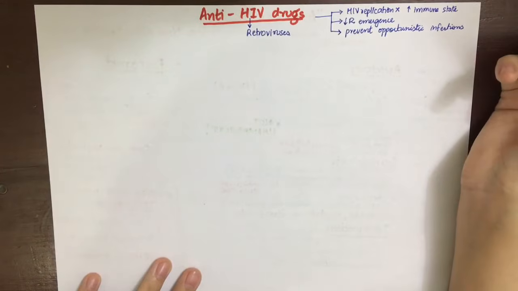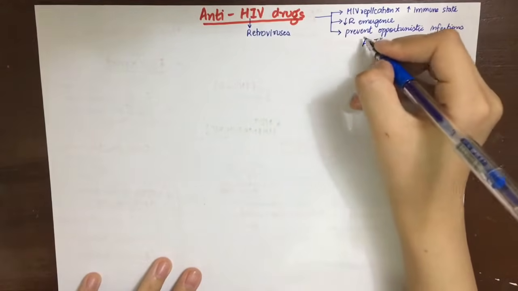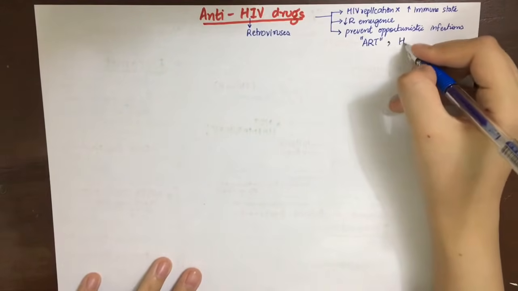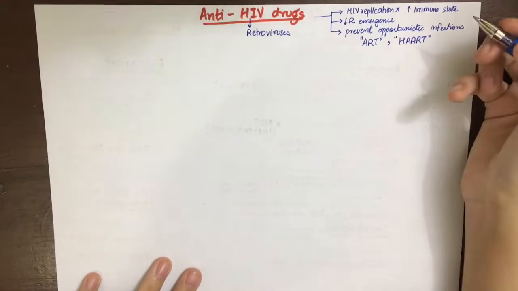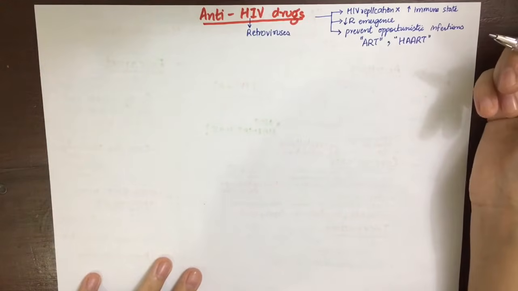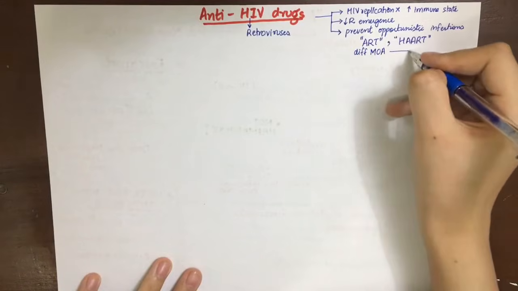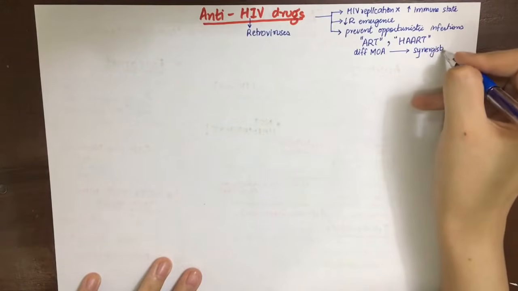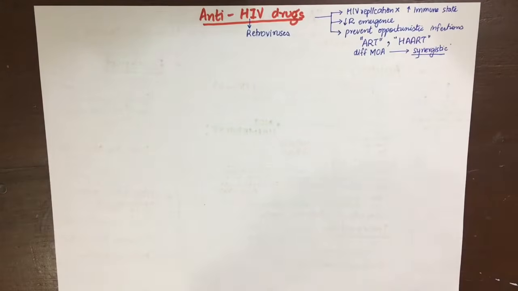To achieve all of these goals, antiretroviral therapy or highly active antiretroviral therapy, also known as HAART, is used nowadays. And the principle behind this is that the use of multiple drugs that will act on different viral targets by a different mechanism of action will have synergistic effect and decrease the occurrence of resistance.